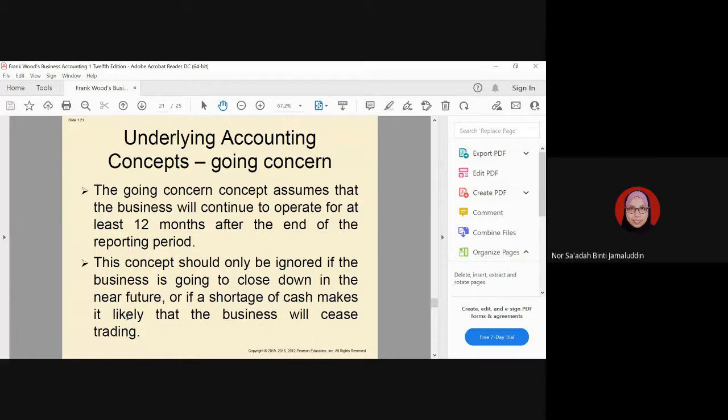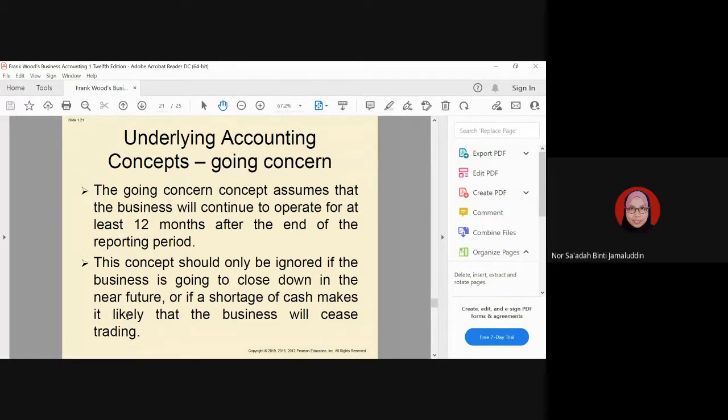Alright, going concern concept ini adalah satu konsep yang menjelaskan bahawa kita cuma akan aplikasi konsep going concern ni kalau kita tengok performance syarikat kita, dia boleh bertahan lagi 12 bulan.